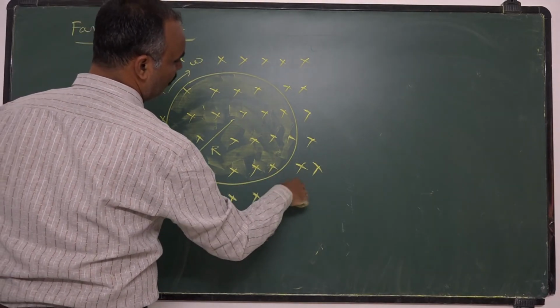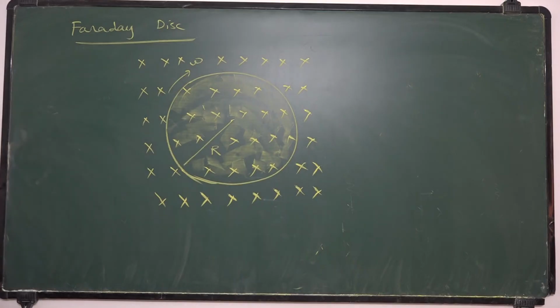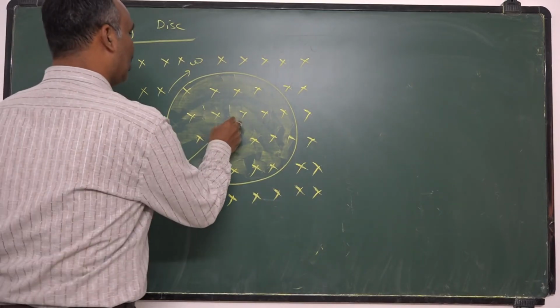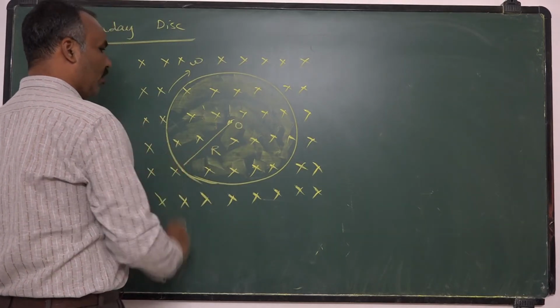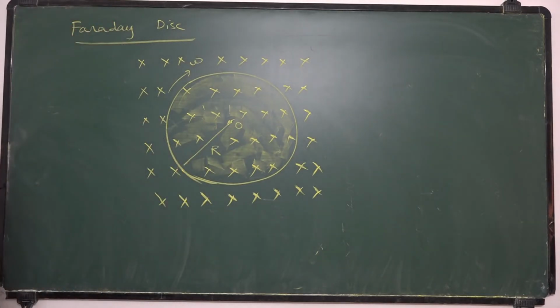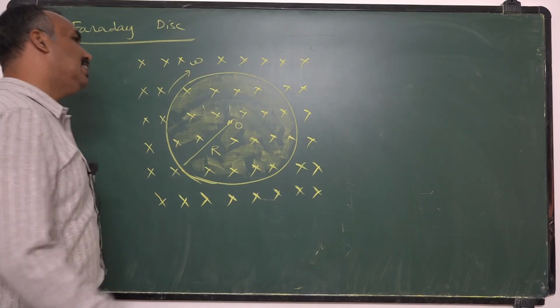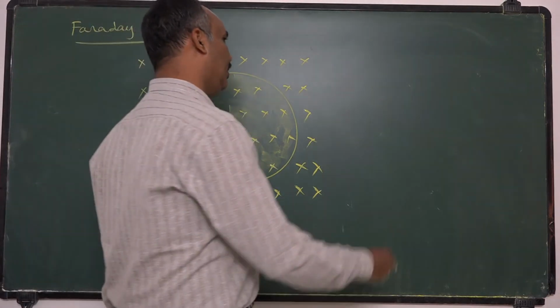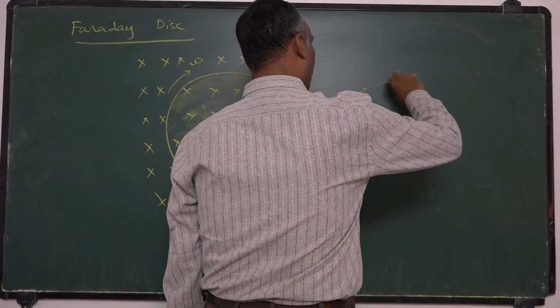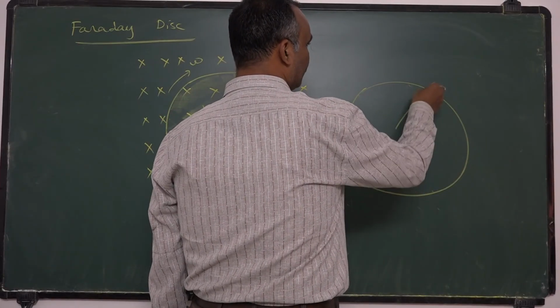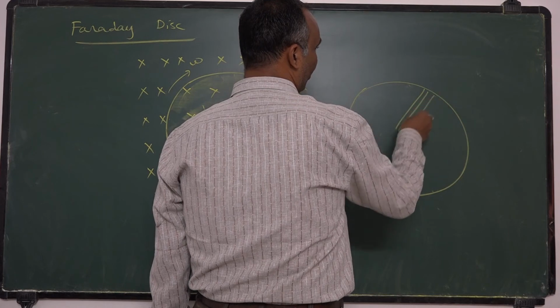It rotates with angular velocity omega. What is the motional EMF developed between the center of the disc and the periphery of the disc? We need to calculate the motional EMF. This disc can be imagined as a combination of an infinite number of rods.